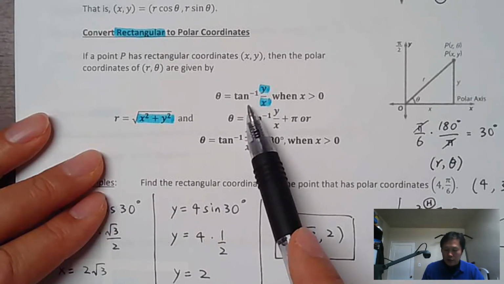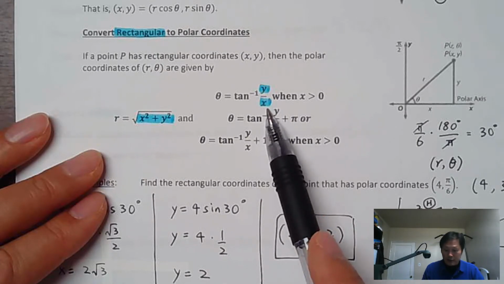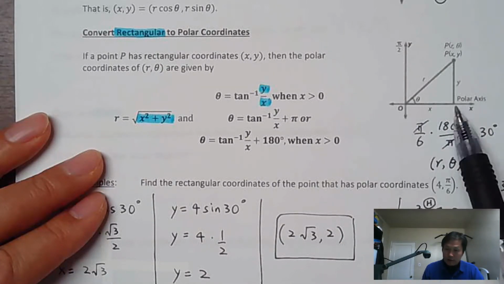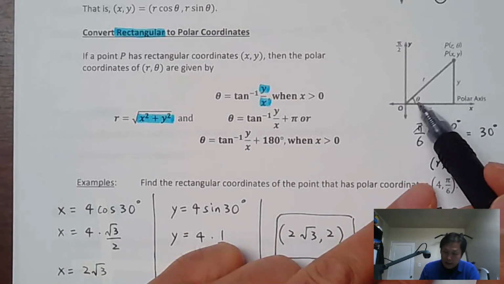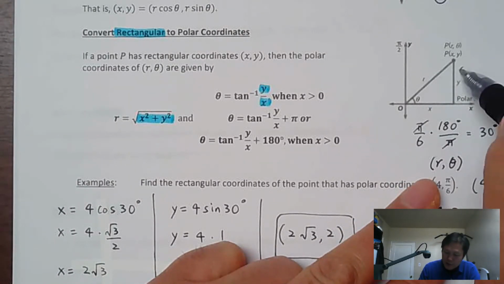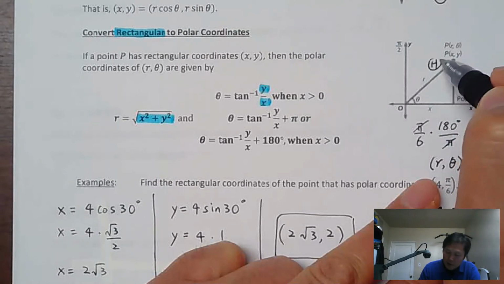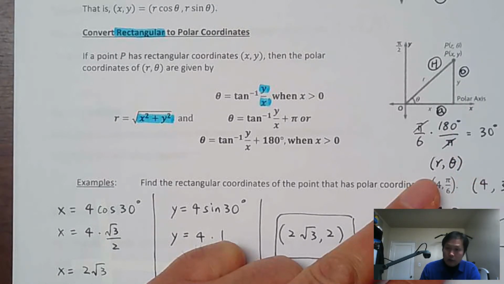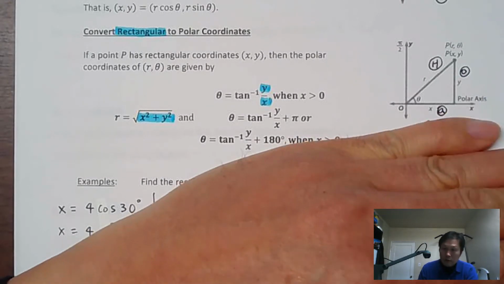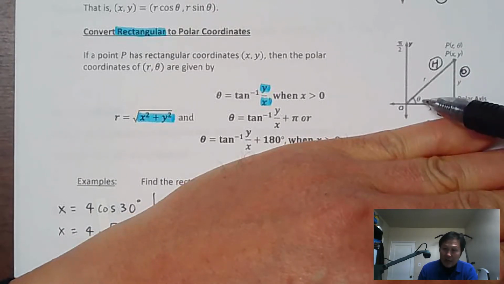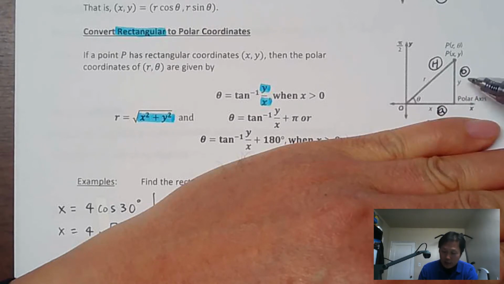Theta will be the inverse tangent of y over x. So if you look at this triangle, this is an angle theta. You can label the sides as opposite, hypotenuse, adjacent. Then you will get tangent theta. So SOH CAH TOA should give tangent theta.